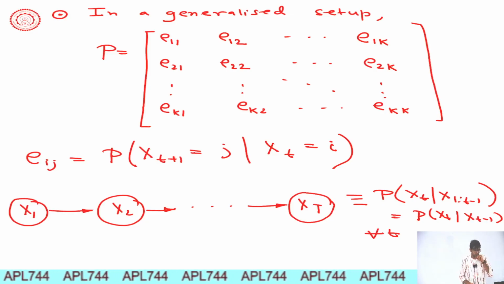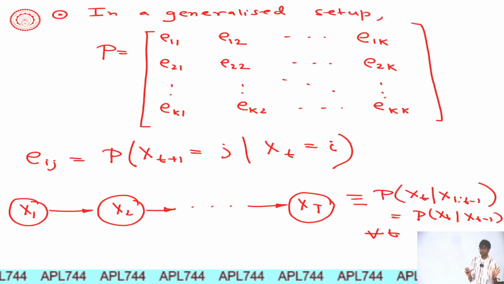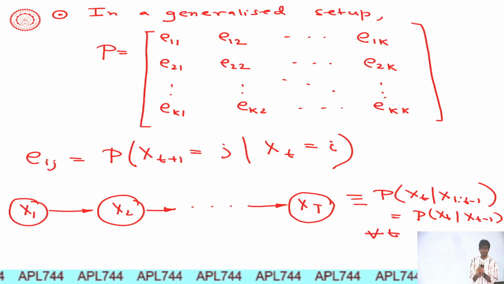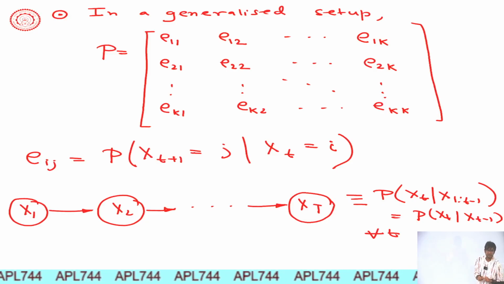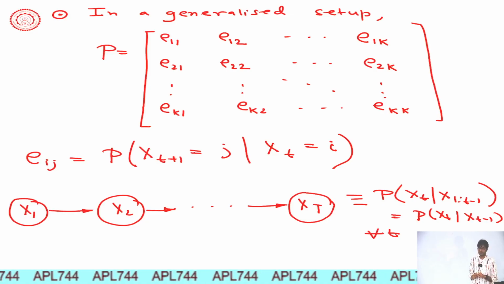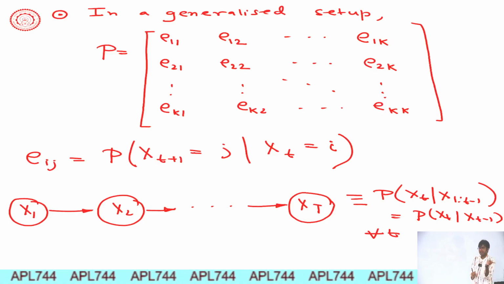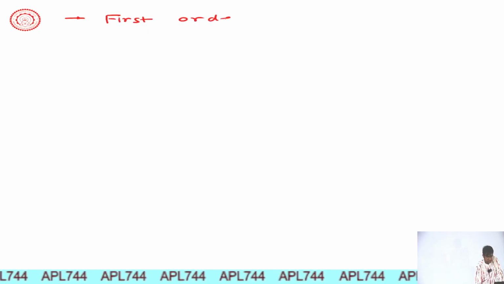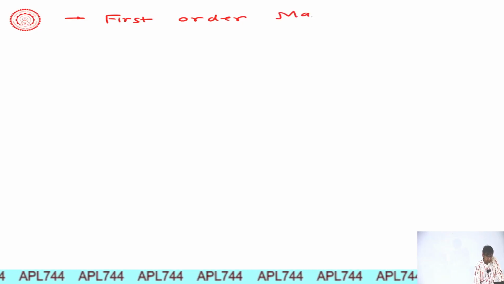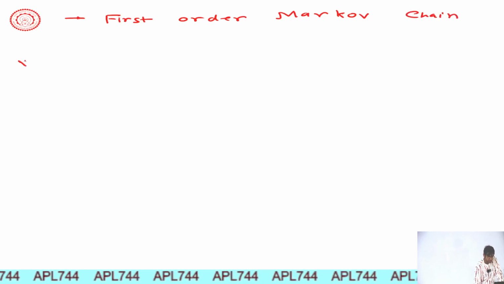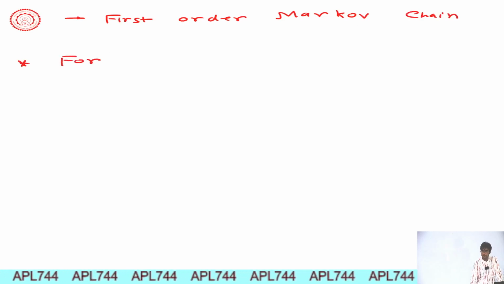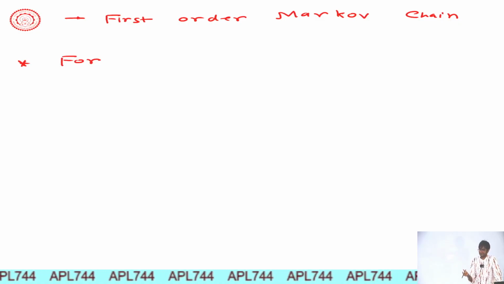Okay. And by the way, this is not a generalized Markov chain. This is the first order Markovian assumption, the first order Markov chain. Why first order? Because only one previous state is influencing. What do you think you will get in a second order Markov chain? The previous two states will have influence.